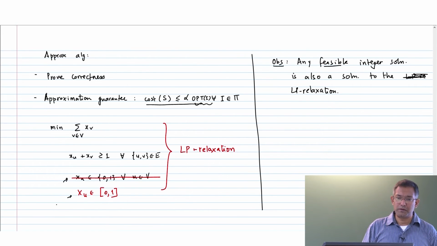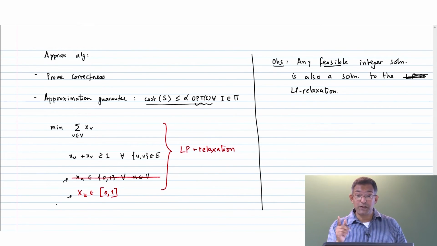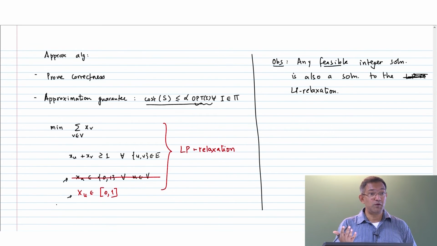So, here when the xu is taken in the interval 0 1, the solution will be always in between 0 and 1. So, how can it be integer? Then you write. It need not be integer. So, that is what. If you give me an integer solution, that is feasible, right. One feasible solution is to take all the vertices in your vertex cover.